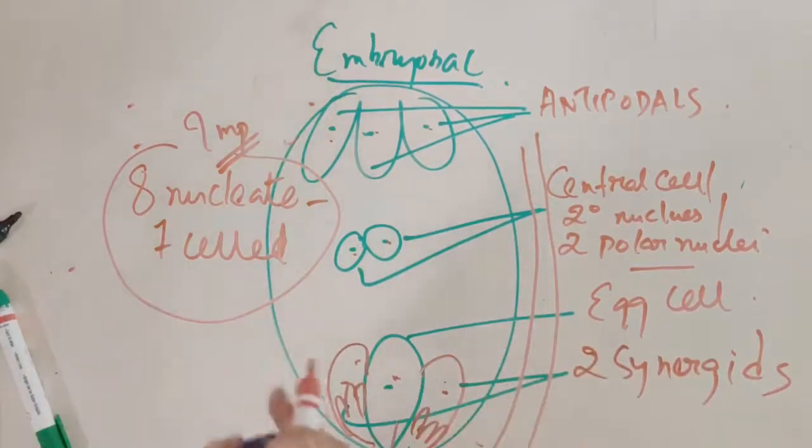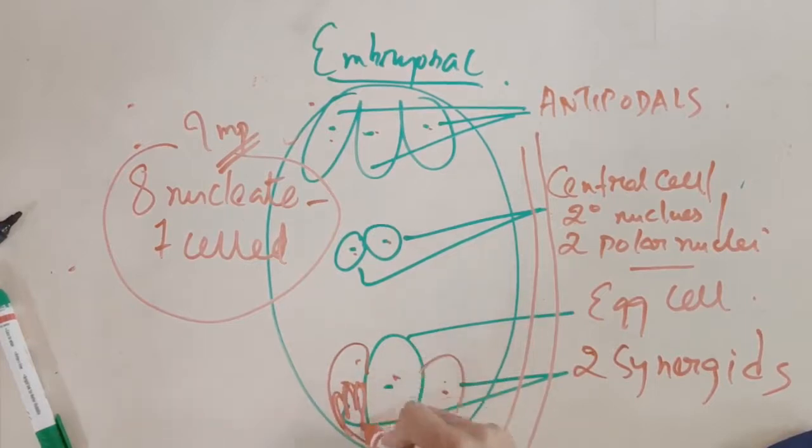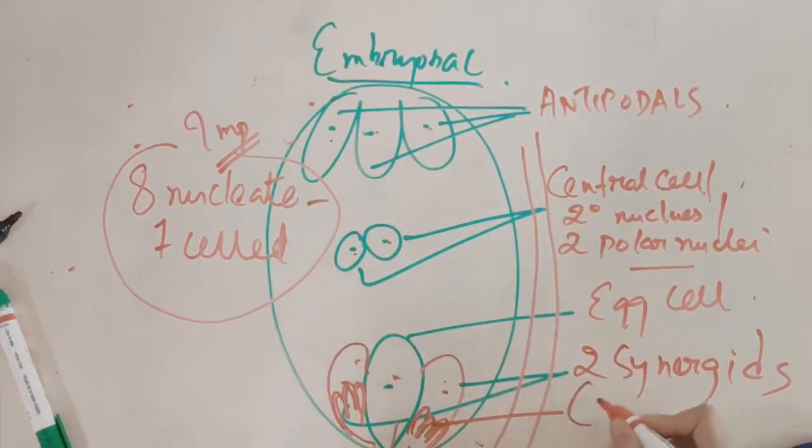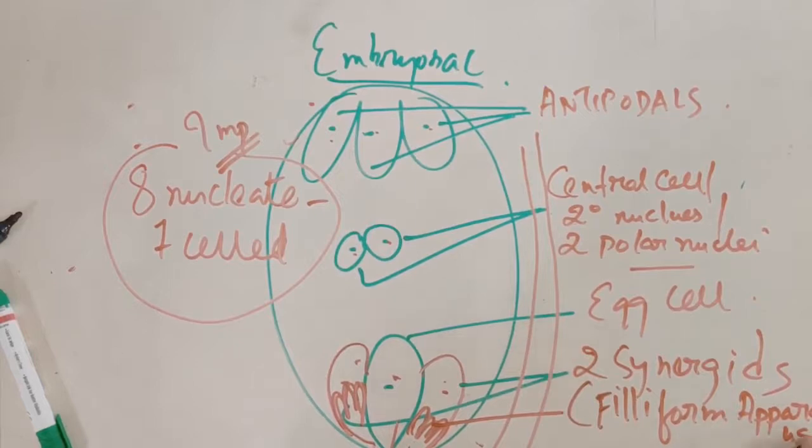Synergids have thickenings. You can draw like these finger-like projections. Imagine. So these are thickenings. Alright. We call it synergid has filiform apparatus.